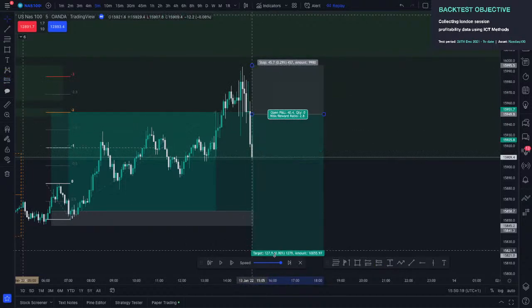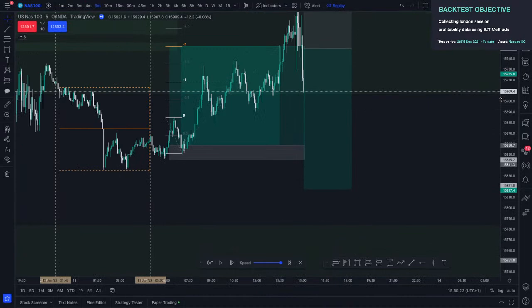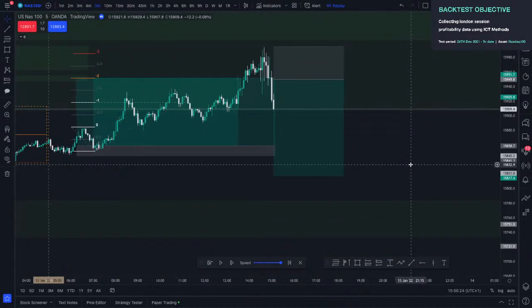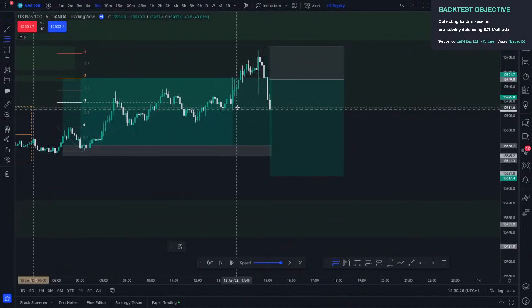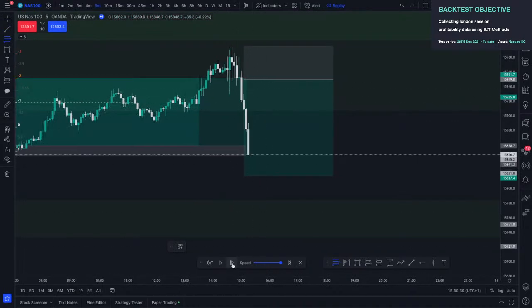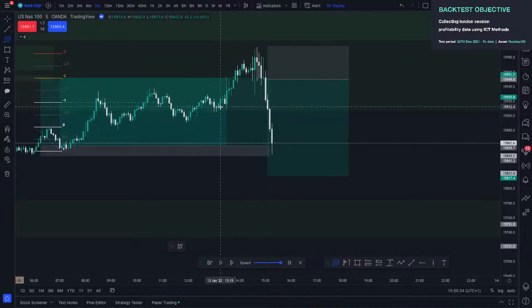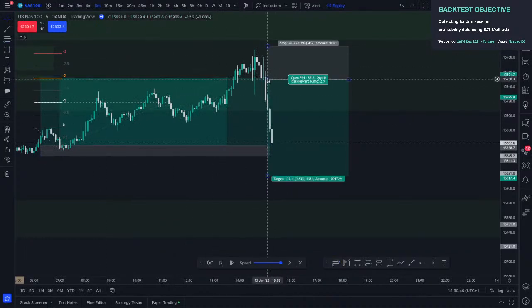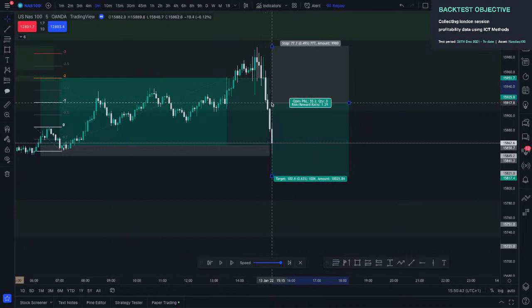46, I can afford that. And if I target the lows of my 2 standard deviation, because, well, depending on where this turns around from. Okay, so now my opinion changed. We just took out 2 market structures, so I'm going to wait for my trade at this imbalance. 78.